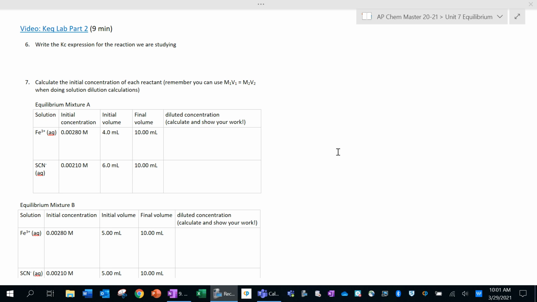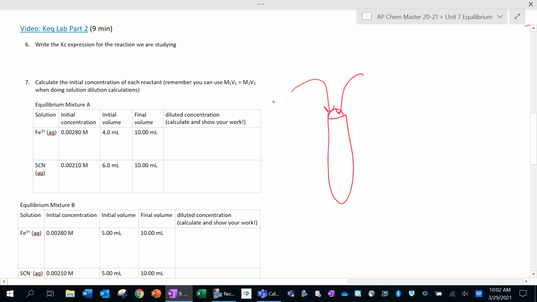So what we do initially, in part 2, is we are making an equilibrium mixture in a test tube, and let me sketch this out for you. We want to mix together our two reactants.